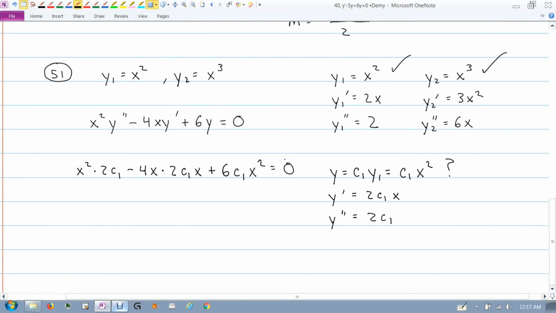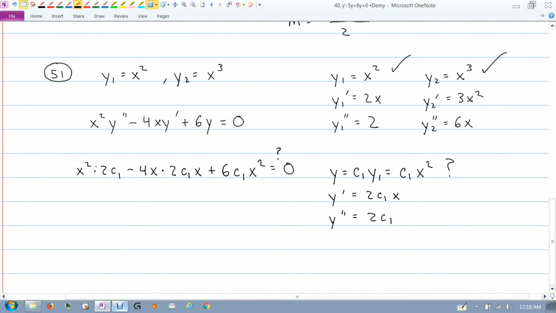Is that 0? Well, let's see what we've got here. Let me just double check I'm doing what they say. Okay, are these solutions?